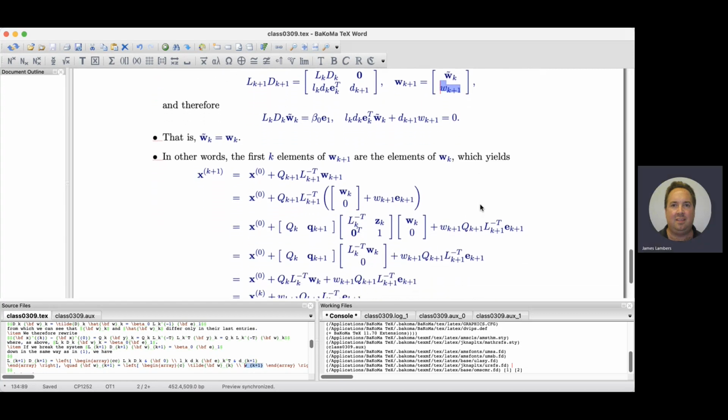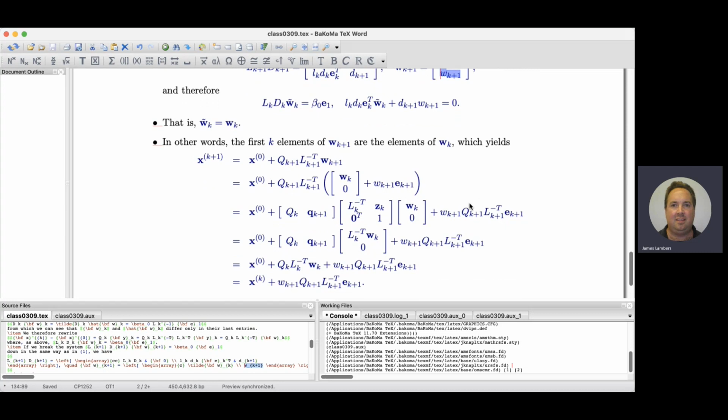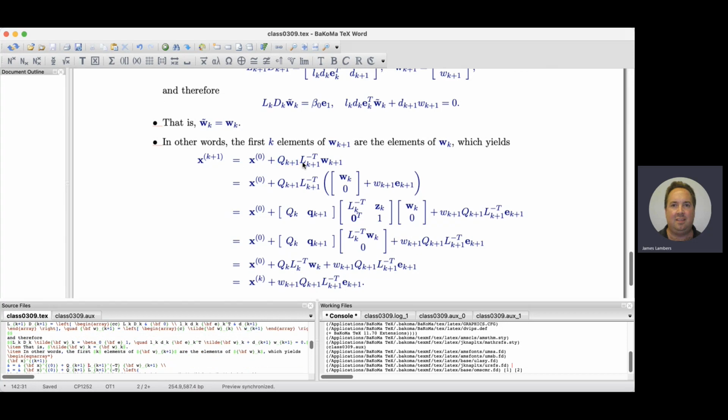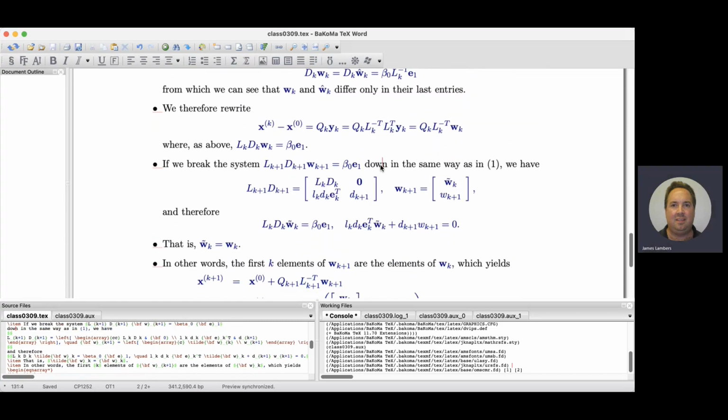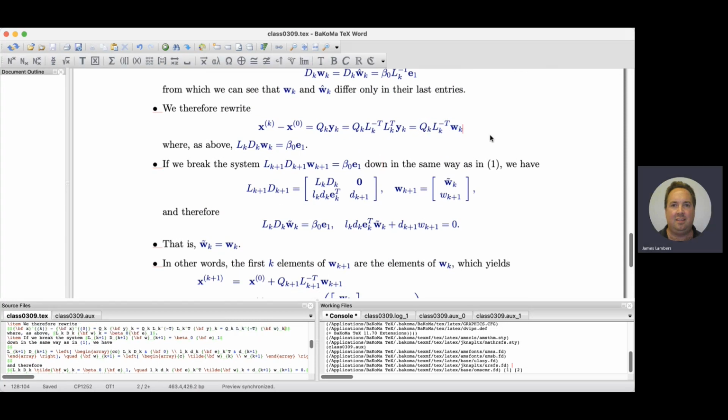So here's how we benefit from that. If I look at xk plus 1, that's equal to the initial guess, and then we have our qk plus 1, and then this right here is yk plus 1, and that was worked out up here, but now we're using k plus 1 instead of k.